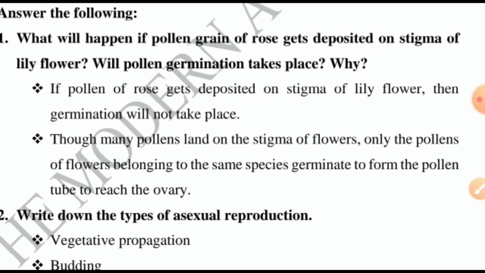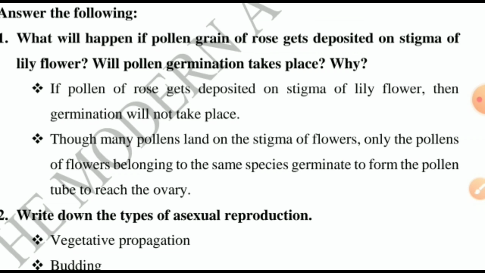What will happen if the pollen grains of rose get deposited on the stigma of a lily flower? They do not give any reaction. Why? Only pollen of the same kind reaching the flower results in pollination. Here the pollen grains are of rose, but the stigma is of lily.